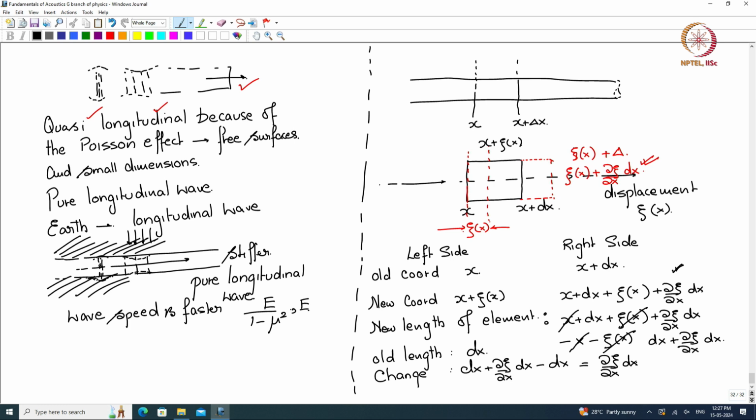This is the change in length. Okay, change in length divided by original length is the strain. Okay, so this is the strain.